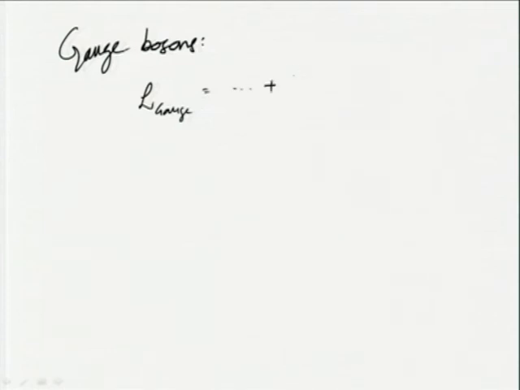This is for the fermions. Even for the gauge bosons, we have added an interaction term for the various things, including psi bar gamma mu d mu L psi L.